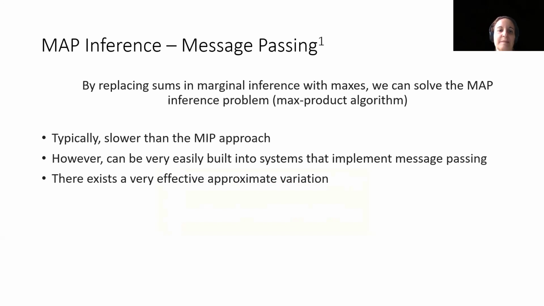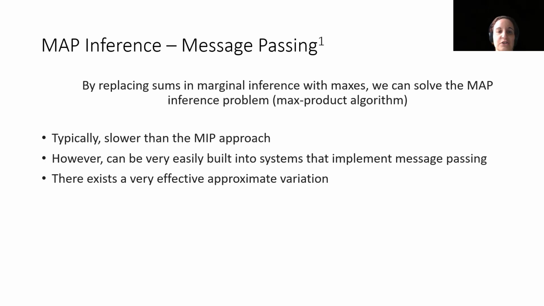If we replace the sum with maxes, then we can solve this MIP problem, and this algorithm is called the max product algorithm. That's why I said message passing is so powerful. It's an automated method that can cover a lot of cases.